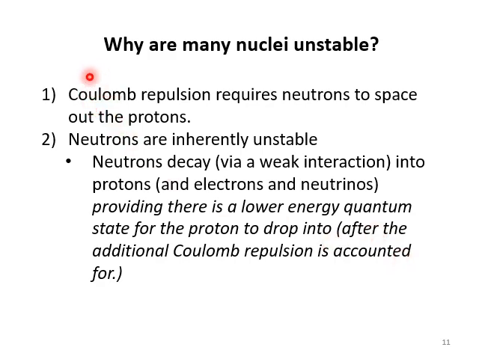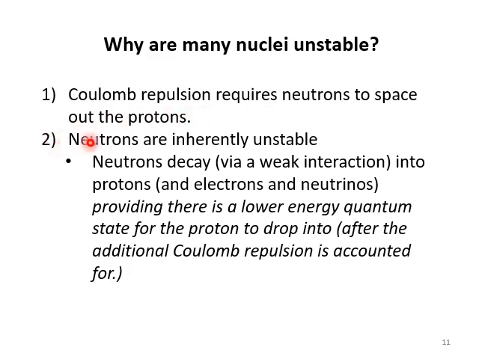I have discussed on the previous slide, as I talked over things, what are some of the reasons that nuclei are unstable, and I just want to make sure that those are laid out here. Number 1, Coulomb repulsion between the protons requires extra neutrons in order to space out the protons. The strong force is just between neighbors, and if I have a lot of protons, there are protons that are not nearest neighbors that are repelling one another.